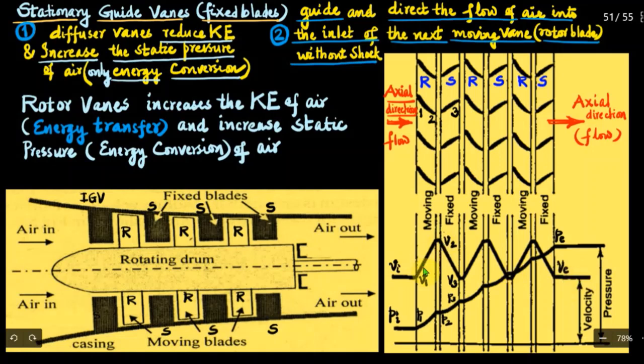And in between, after every rotor stage, the absolute velocity increases, but the same air flowing through the diffuser again reduces back to more or less the same value. So please understand this variation and try to sketch this plot. This plot is extremely important: the velocity and pressure variations in every stage of the axial flow compressor.